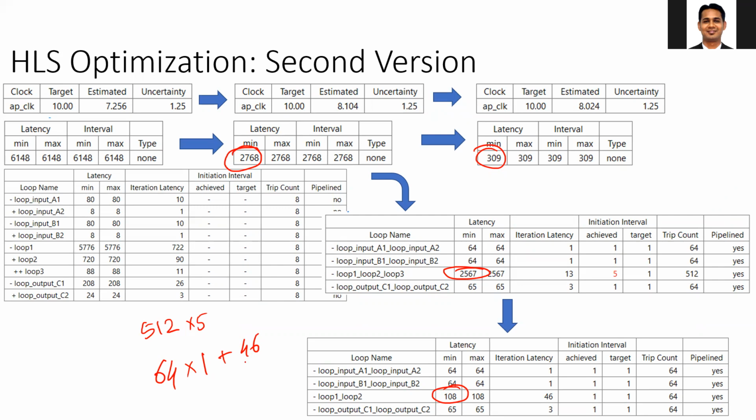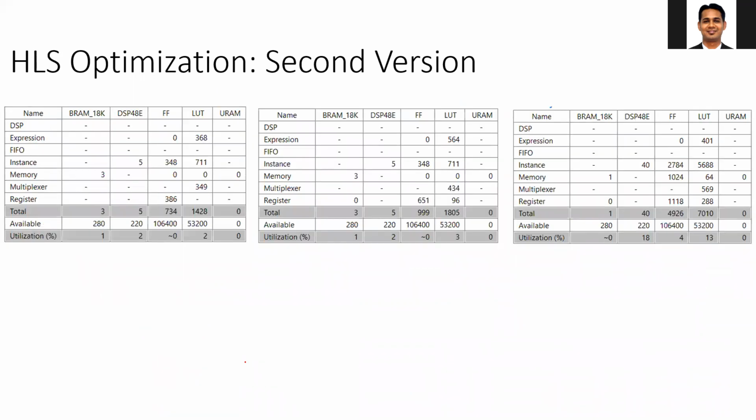Okay, so these are the advantages, but the drawback is that it leads to a significant increase in your utilization. For example, here instead of 5, you are doing 8 operations in parallel for 8 size in matrix multiplication. You get an increase in the DSP utilization, and your flip-flops as well as lookup tables have been used because you need to store the corresponding data.